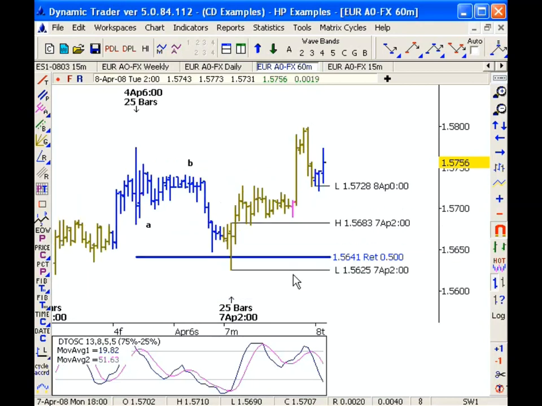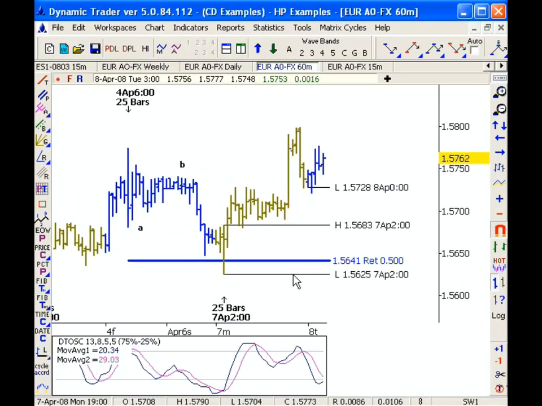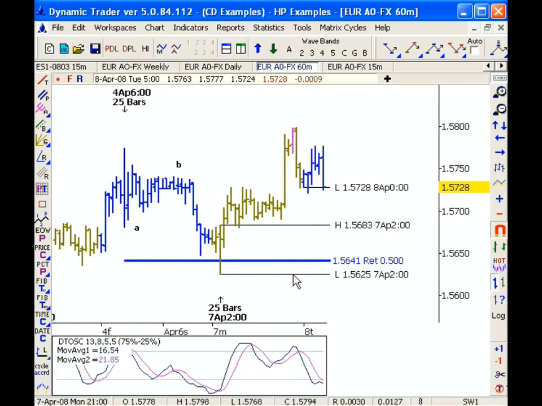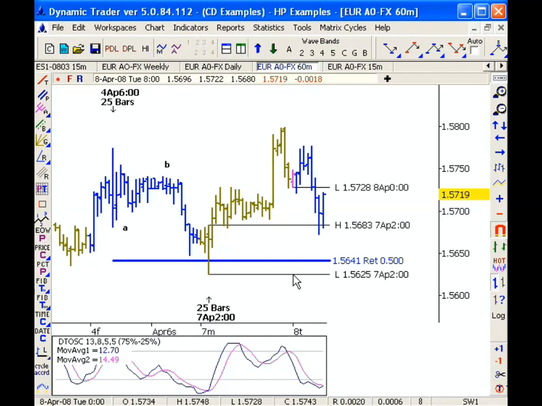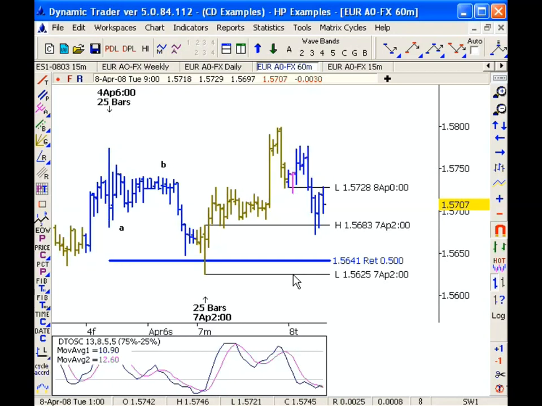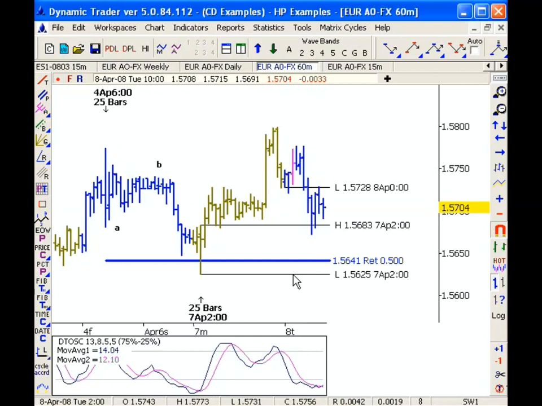So let's add some bars and watch to see if we get the next 60-minute momentum bullish reversal. And not that bar, not that bar. There we got it. As of that bar, we got a 60-minute momentum bullish reversal where the fast line crossed above the slow line.